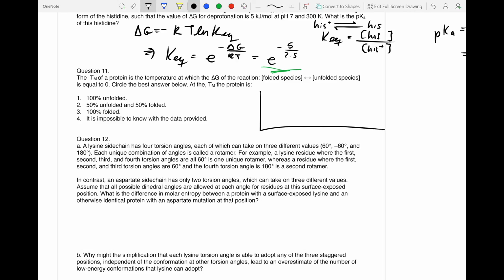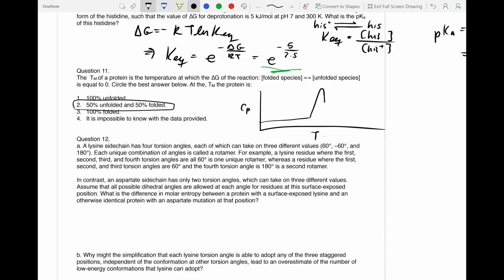So if you look at how the heat capacity of a protein changes with temperature, it's going to be rather constant until it gets to some point where instead of the heat going into increasing the temperature, it's going to go into breaking bonds, at which point it's going to be at a maximum when half of the protein bonds are broken and half of it is unbroken, so 50% folded and 50% unfolded.